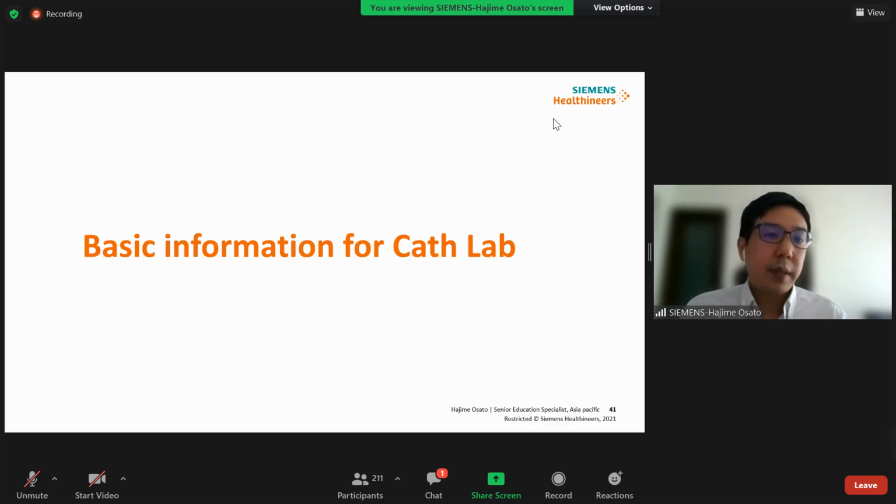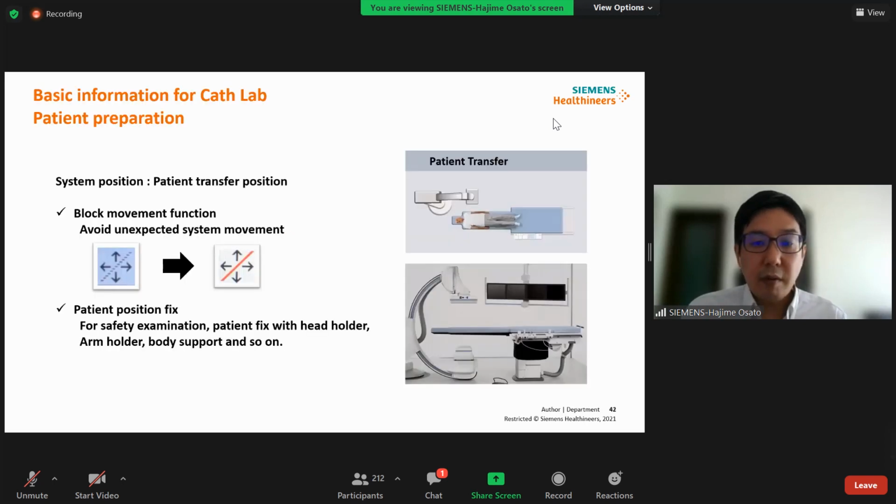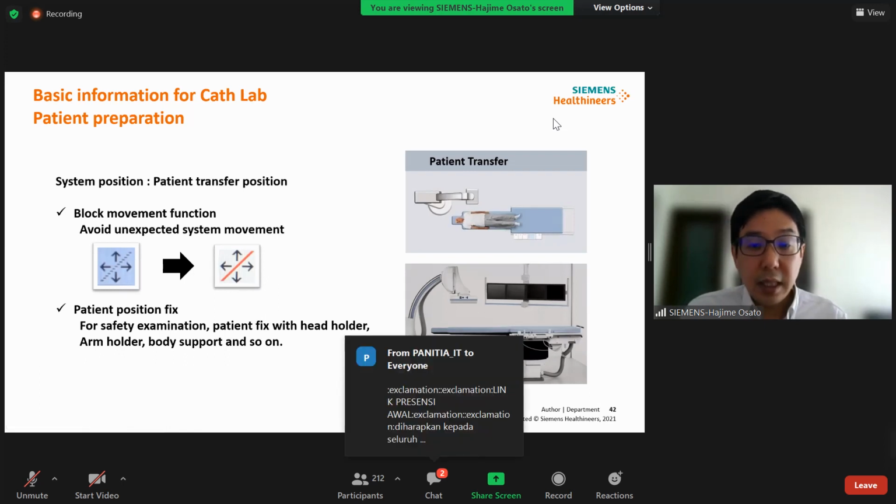So we will go to the basic information of the Cathlab. Some preparation is needed before the patient enters the Cathlab. We make a patient transfer position like in the right picture, so the patient can easily access the table, due to the offset position between table and arm.